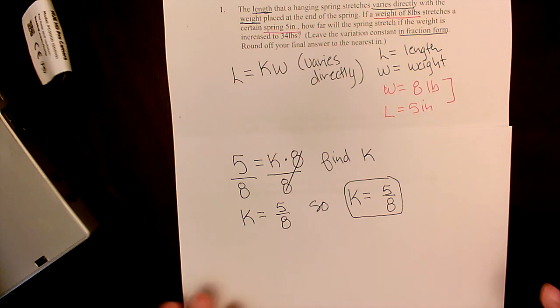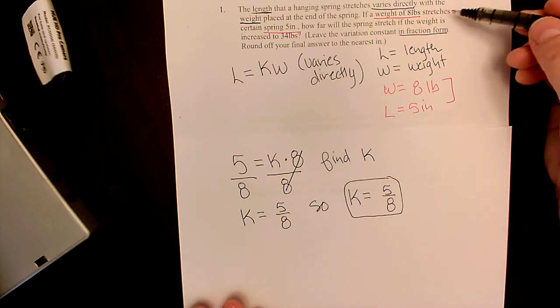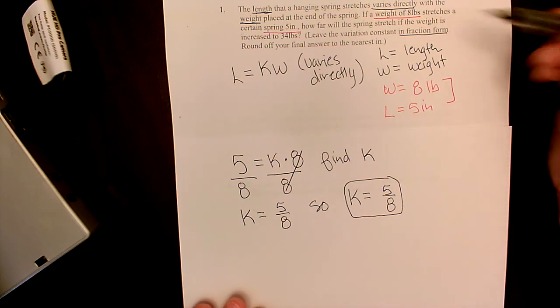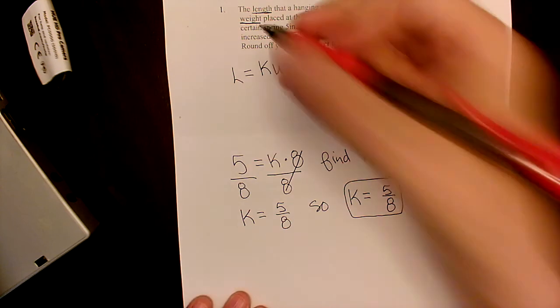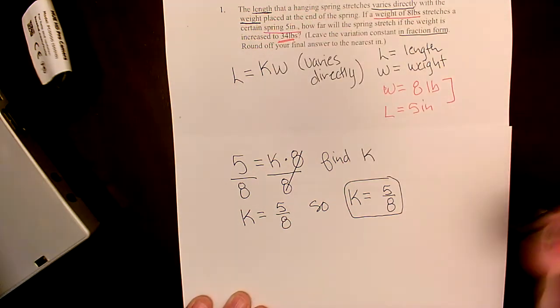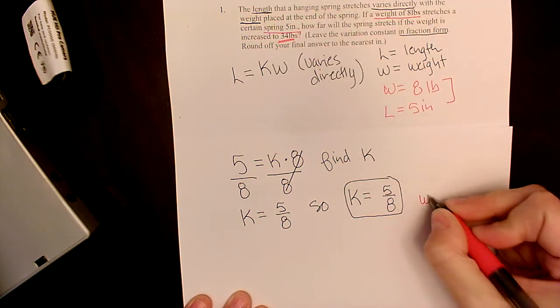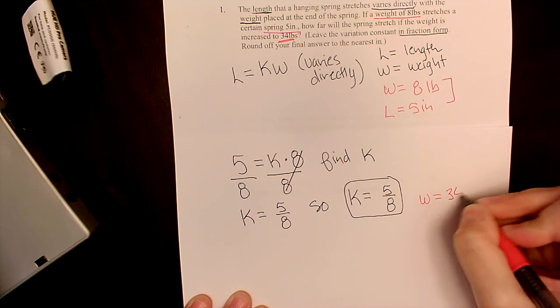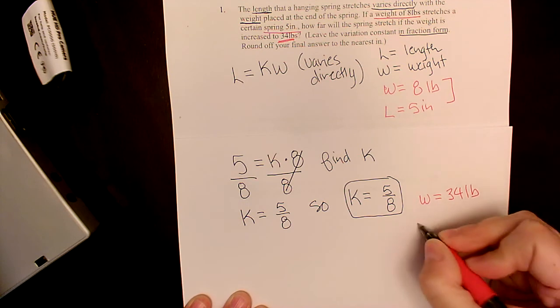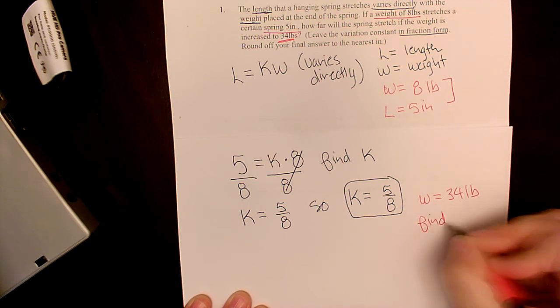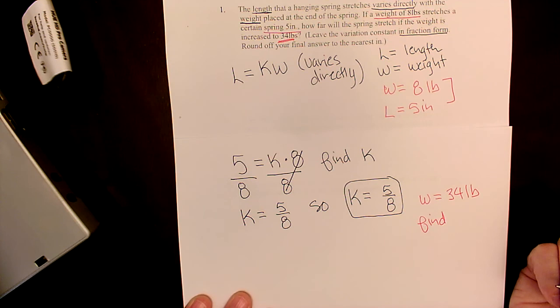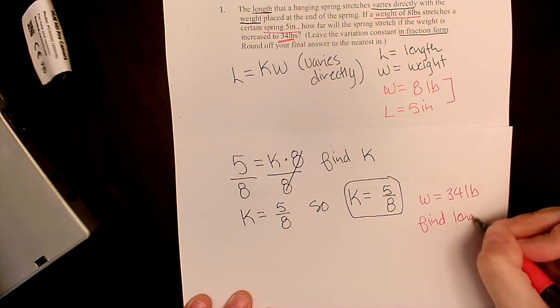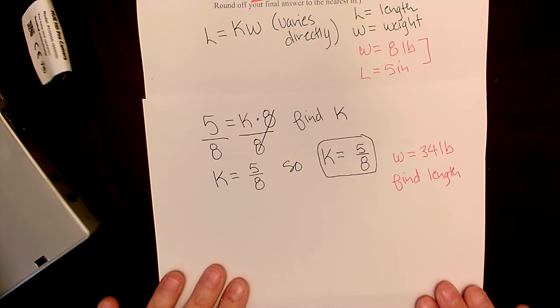Okay, so now we're almost done. Let's see what else I need to know. Okay, so if the weight is now 34 pounds, they want us to find the length, how far it'll stretch.